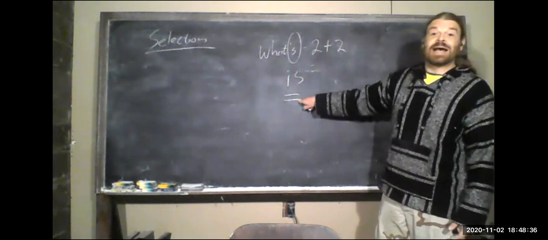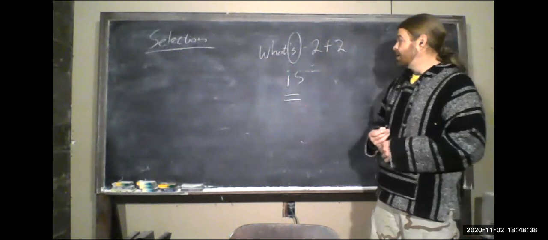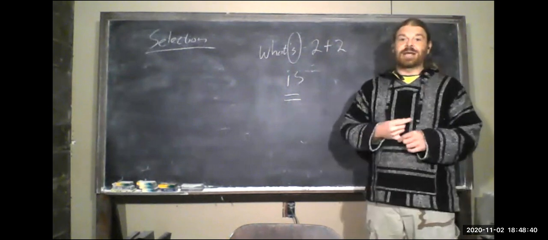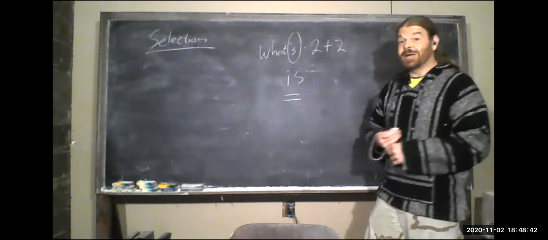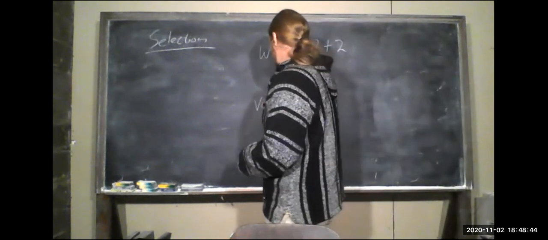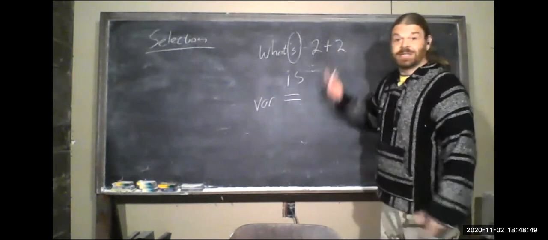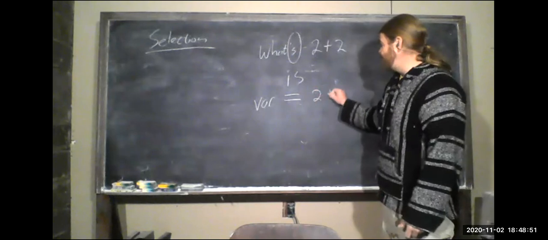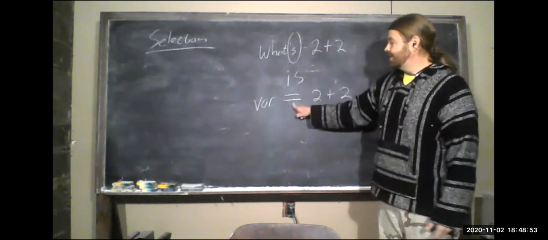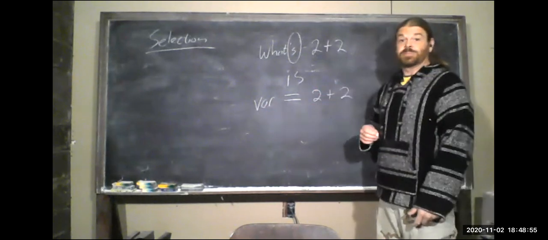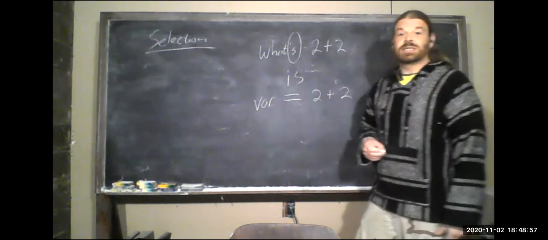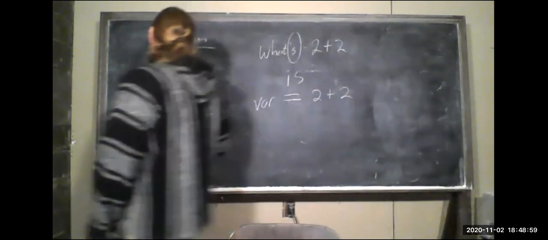So the question we can ask is equality, which we already used the equal sign for, right? When we need to create a variable, if we wanted to store the result of that, we'd do 2 plus 2 is assigned to this variable. So one equal sign, we don't want to use that again.